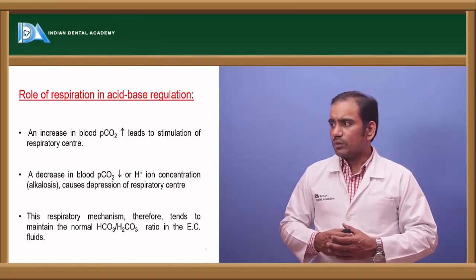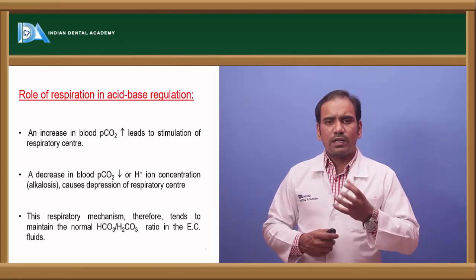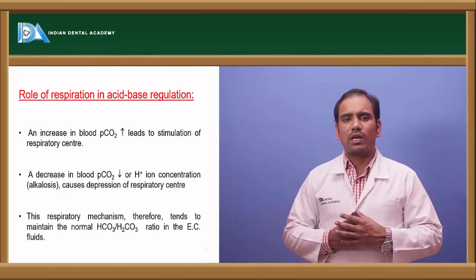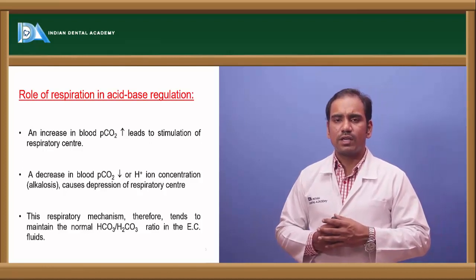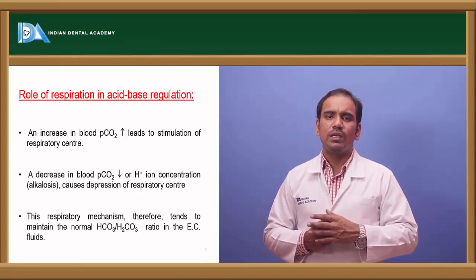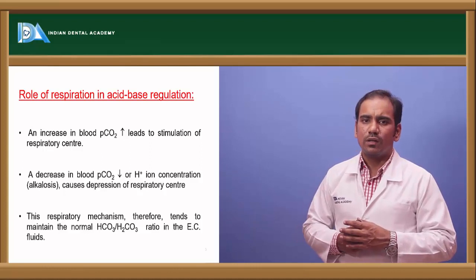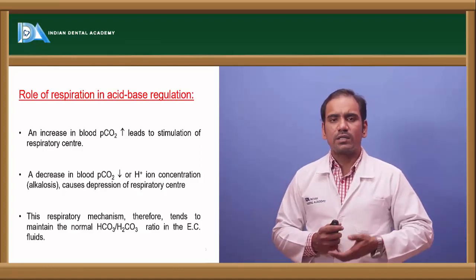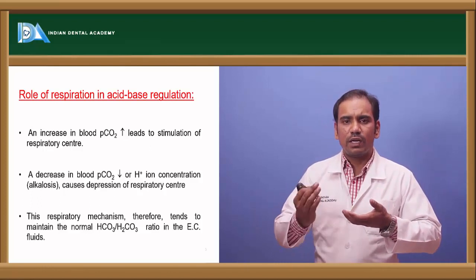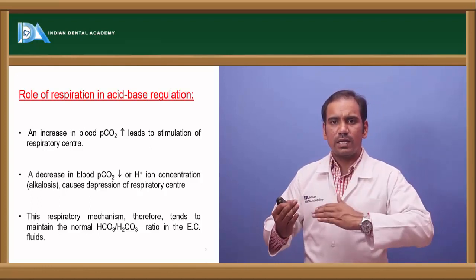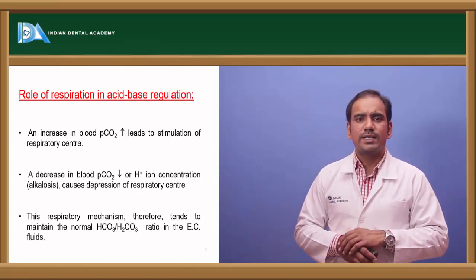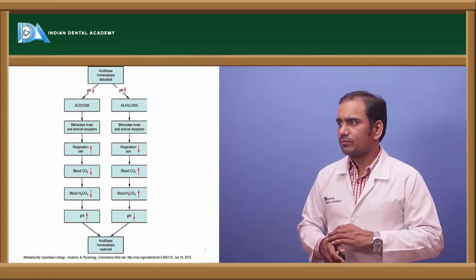The respiratory mechanism is mainly responsible for maintaining the bicarbonate to carbonic acid concentration. It always tries to maintain the ratio within the range of 20:1, right? That is the significance of respiration. Whenever carbon dioxide is more, that leads to hyperventilation. Whenever carbon dioxide is less, that leads to hypoventilation. So this is the second line of defense. Right.